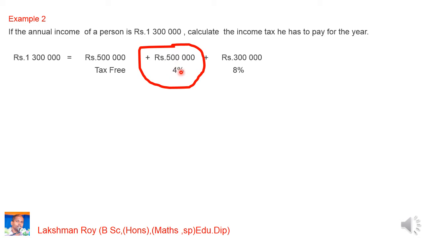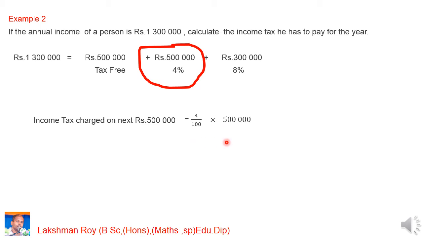This is the amount. 500,000 by 4%. Let's see what the income tax is for this 500,000 rupees. The income tax charge on the next 500,000 rupees, that means this amount at 4%. We use the fraction of 4%, that is 4 over 100, and multiply by 500,000 rupees.